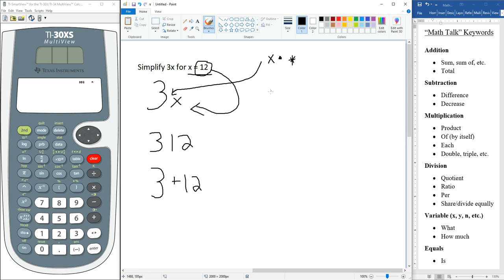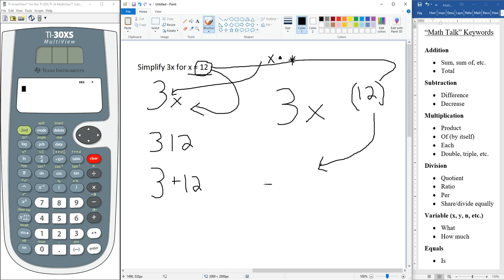So we write our 3x again, and we take our 12, but this time we put our 12 in parentheses before we plug it in. Now let's see what happens. Now we have 3 parentheses 12.